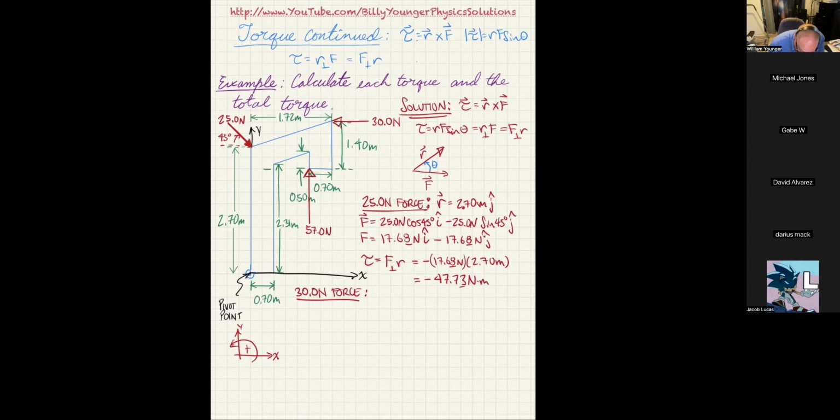But what I'm going to do is say the distance from here. Actually, the best way probably wouldn't be to do it that way. The best way would be to draw it like this. And then let's call this distance 0.175 meters. Okay.